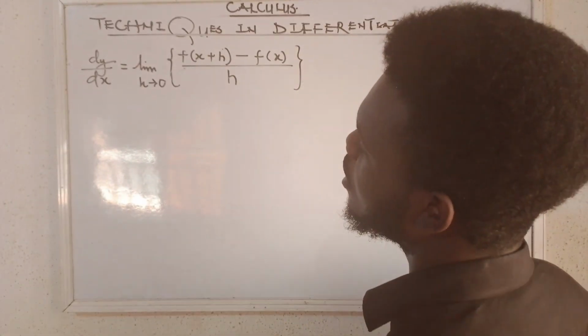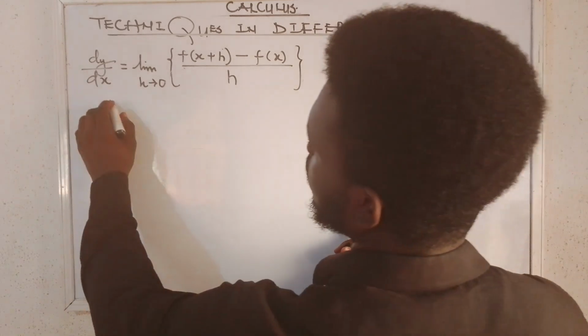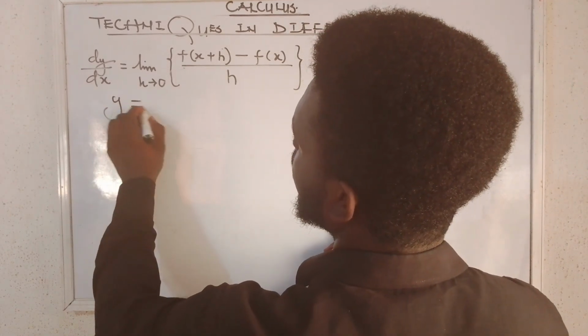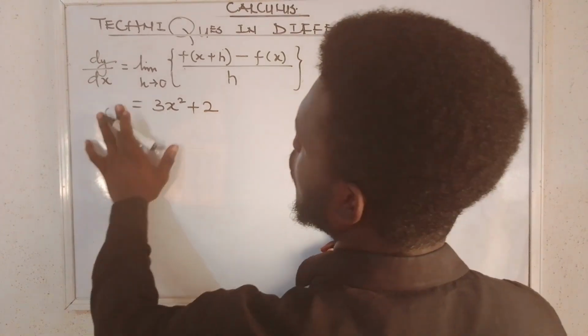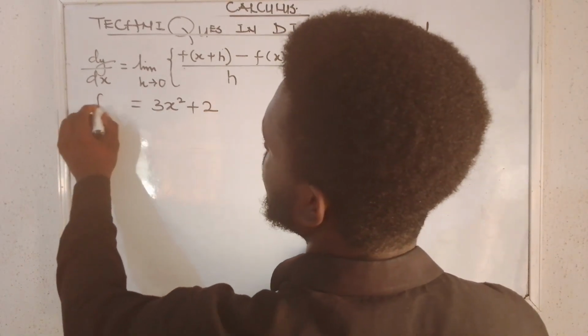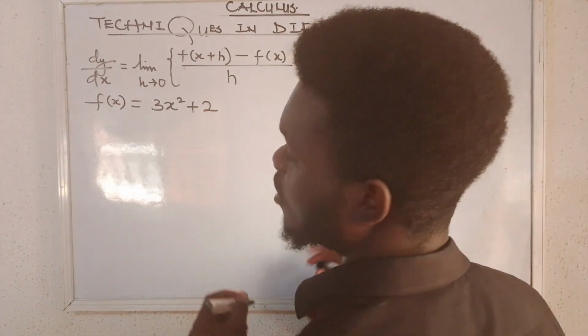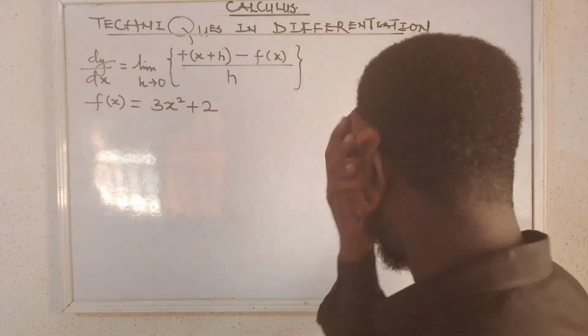Now let's see how we are going to solve a question. Let me pick one: y equals 3x squared plus 2. We already established that y is also represented as a function of x, if you are a good student of further mathematics.